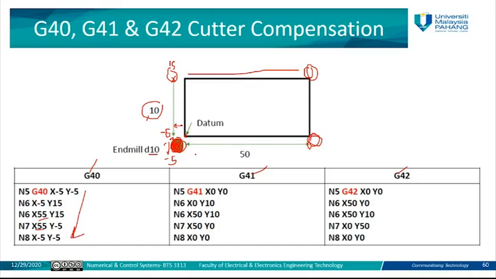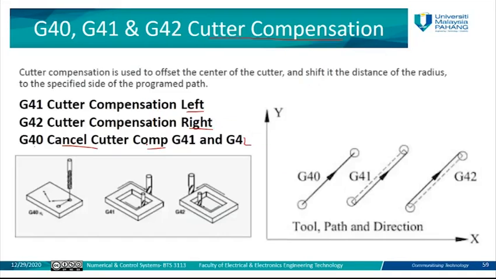But in the case we consider the left compensator, the cutter will go on the left of this one. As we see here, for G41, the cutter will be on the left of the real path or the original path.